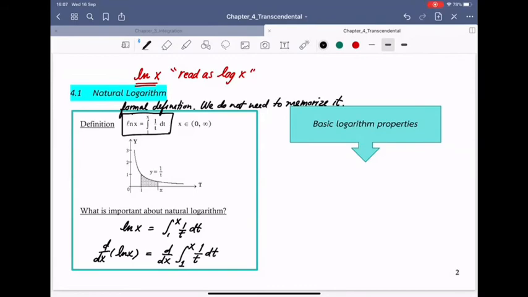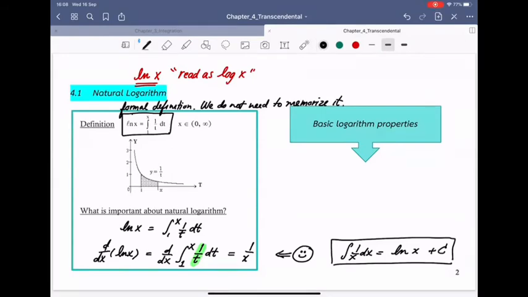By the fundamental theorem of calculus, this is just 1 over x, because you can view 1 over t as your f of t, and when you integrate from a constant to x, the derivative is just 1 over x. That means this is a good formula: you differentiate log x, you get 1 over x. That means if you integrate 1 over x dx, you get back log x plus c.